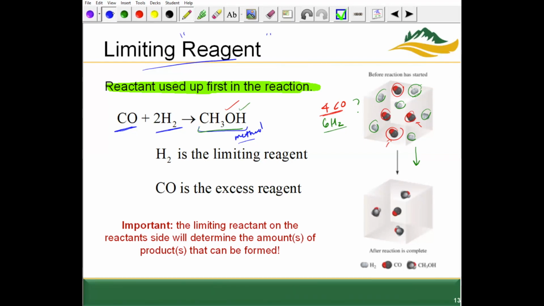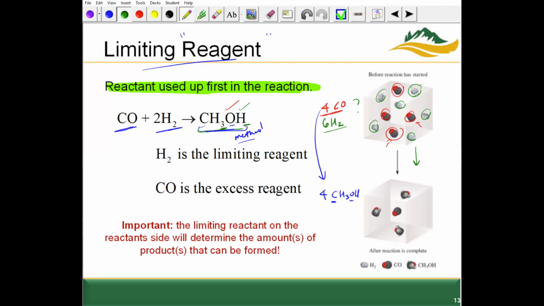One way to see this is that for the product, we need 1 C and 1 O for every product. So 4 CO on its own could technically produce 4 CH3OH, just looking at the carbon and oxygen alone. For the hydrogens here, we need 1, 2, 3, and 4.